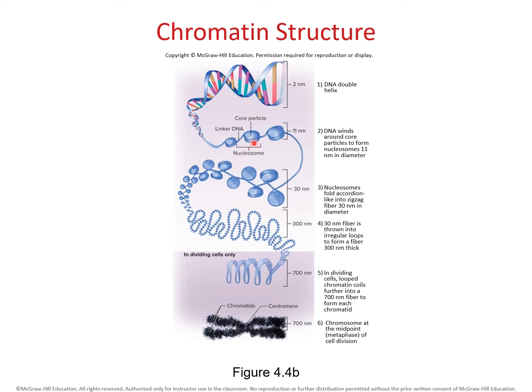Now, when you have a linker DNA together with the core particle, we call that a nucleosome. Yeah, there's quite a bit of terminology in this chapter. All right, so there's that part.